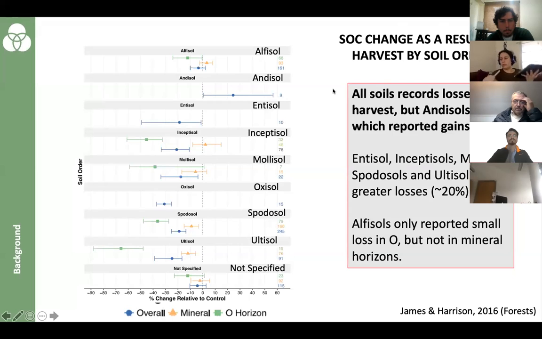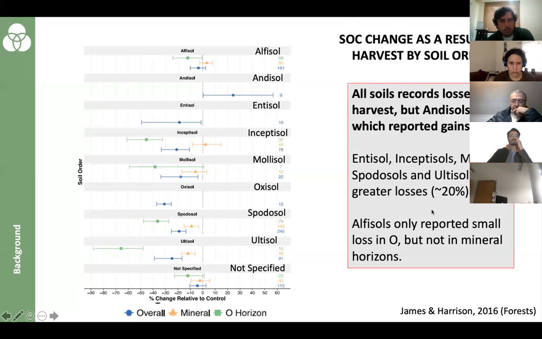So another thing that might be interesting to look at is how different soils responded to this more intensified management. And this is the same review, but looking now by soil order. And there are some interesting differences. Most of the soil orders represent losses in overall soil carbon of around 20% after logging.